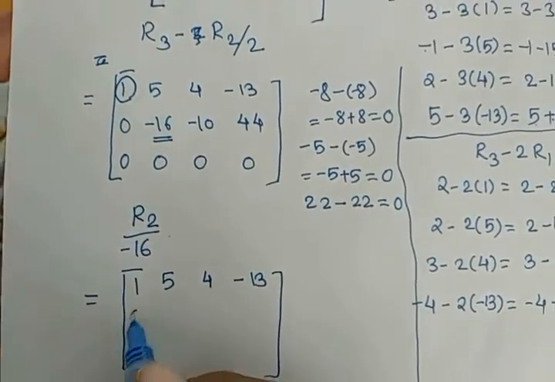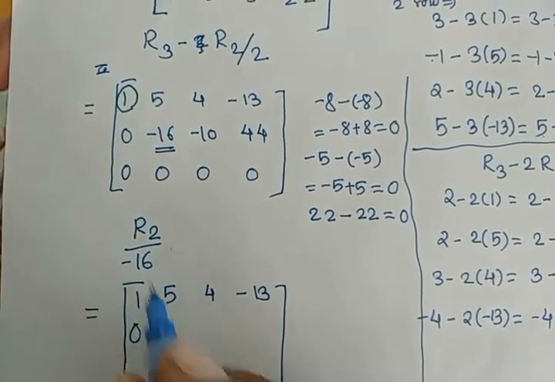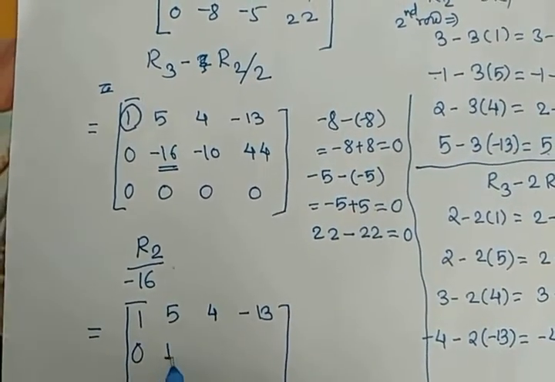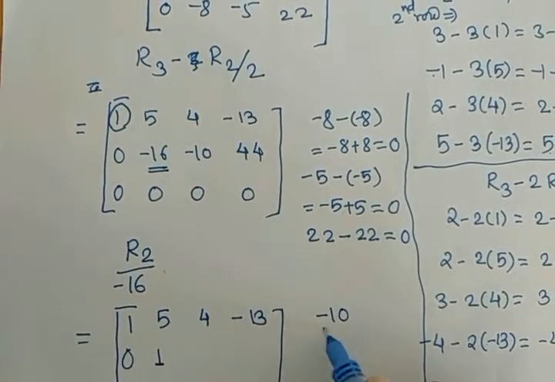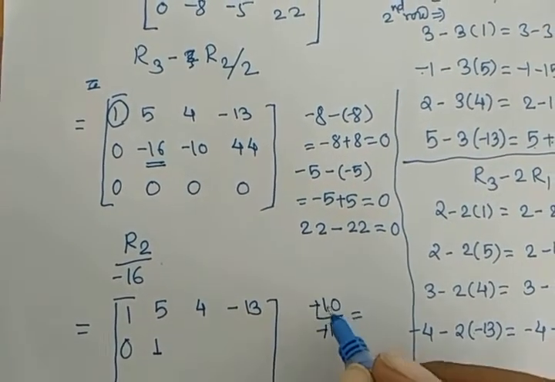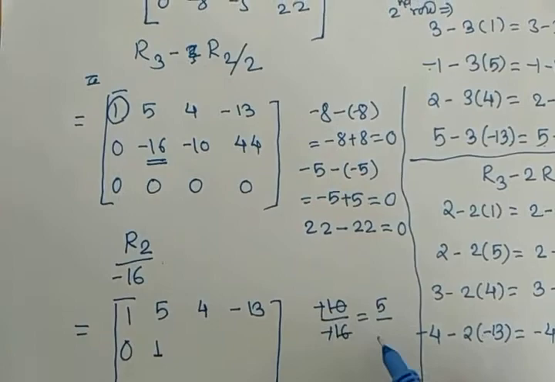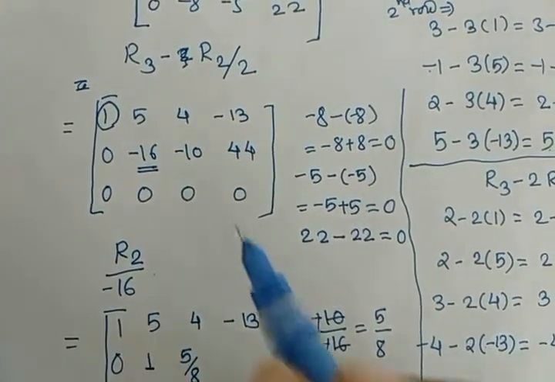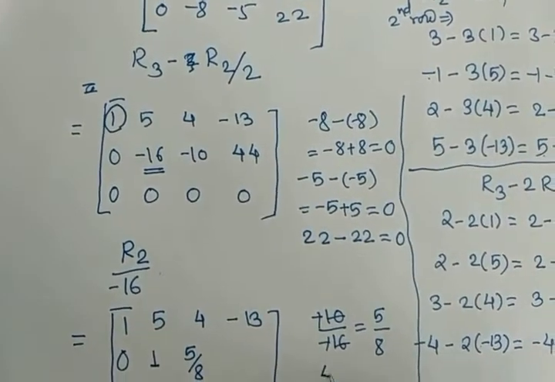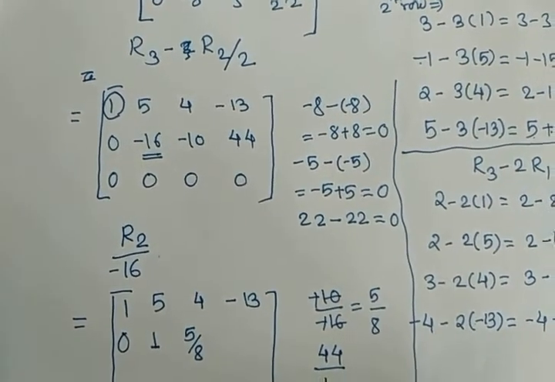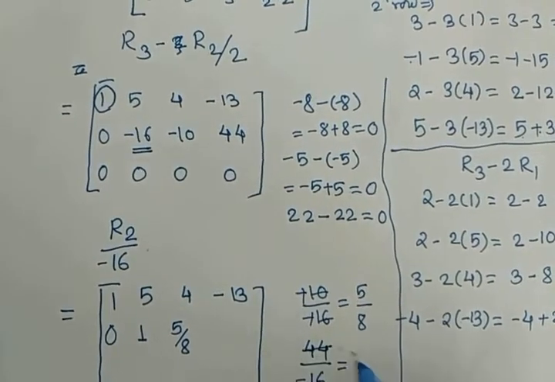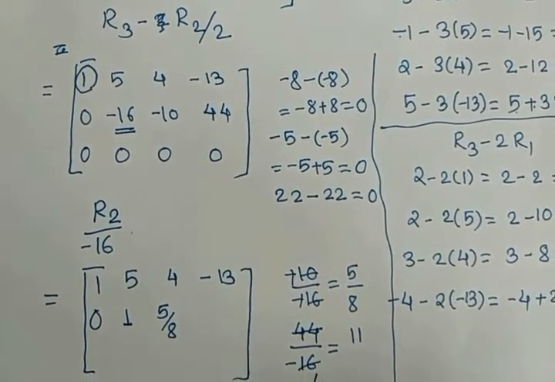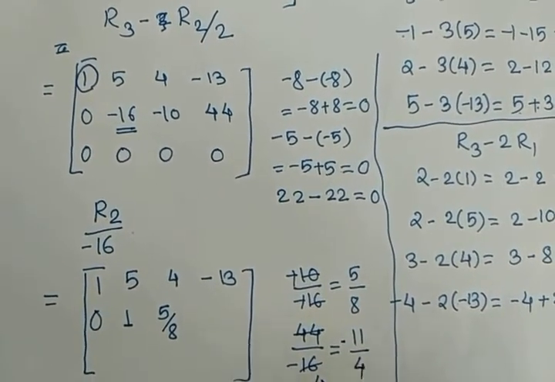Second row is 0, minus 16 divided by minus 16 is 1, minus 10 divided by minus 16 is 5 divided by 8, and 44 divided by minus 16 is minus 11 upon 4.